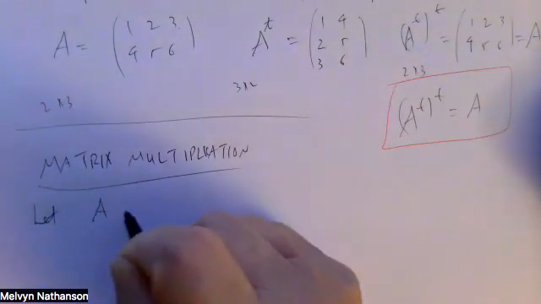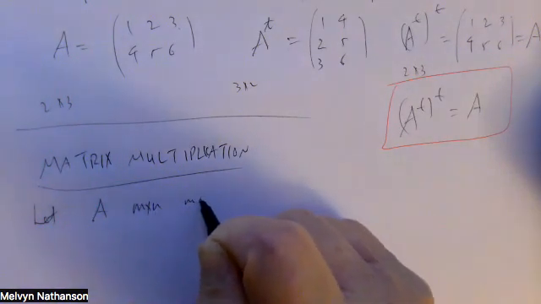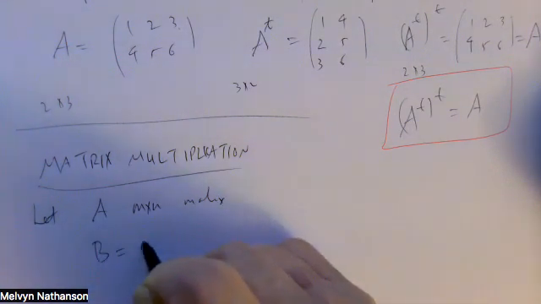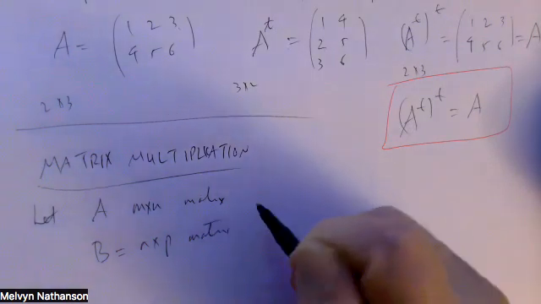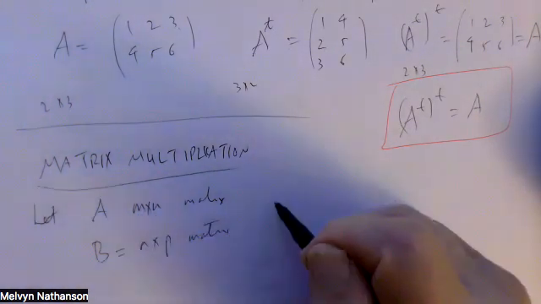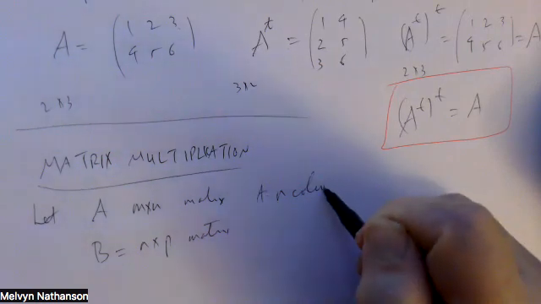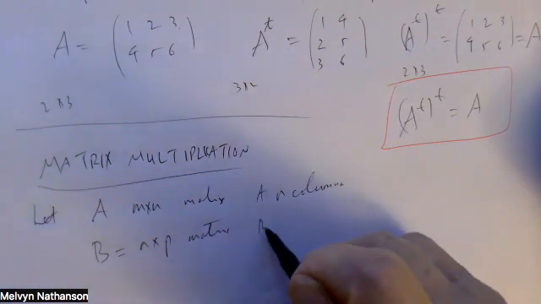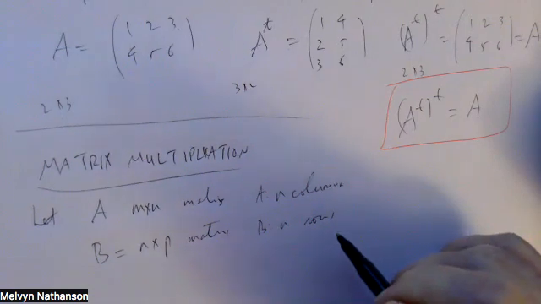Suppose that A is an M by N matrix, and B is an N by P matrix. So A has M rows and N columns. B has N rows and P columns.